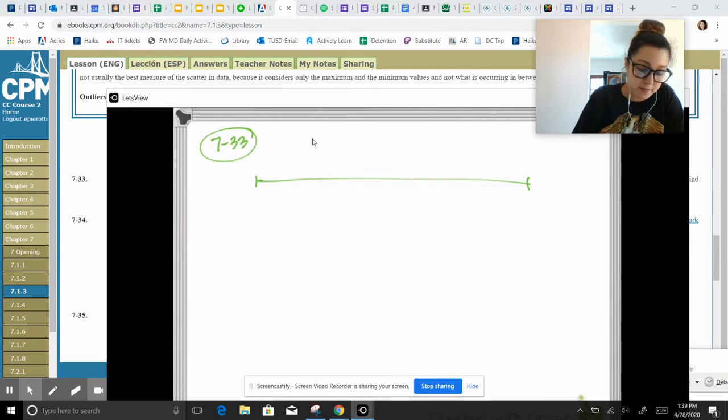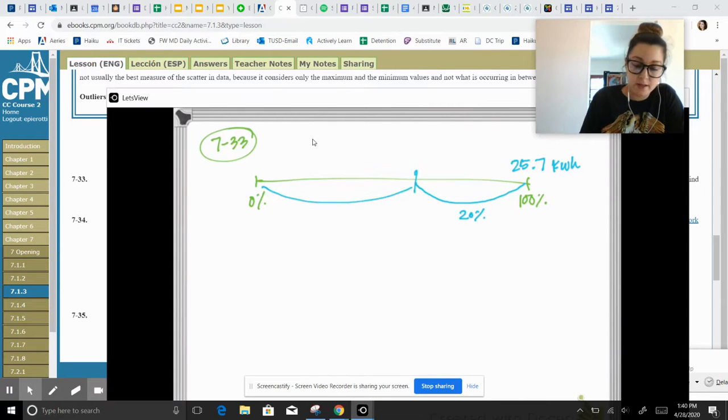We have our diagram. This is 0%. This is 100%. That's always a good way to start with setting it up. And we know that 100% is what the homeowner is currently using, which is 25.7 kilowatt hours. And they need to reduce that amount by 20%. So that means that they need to use only 80% of what they are currently using.